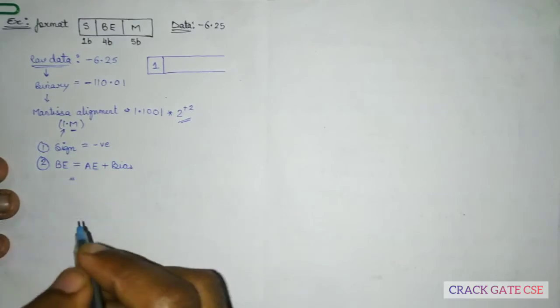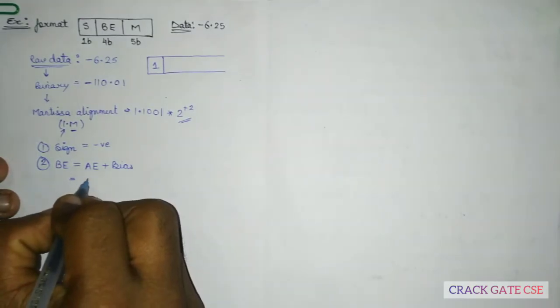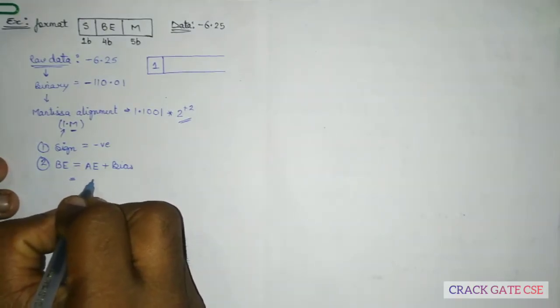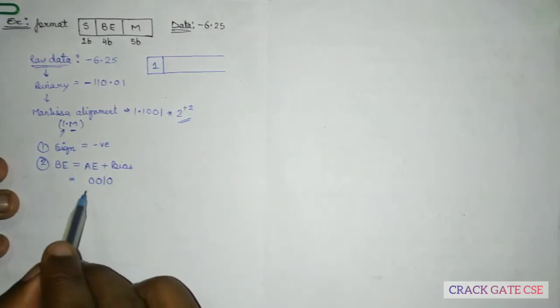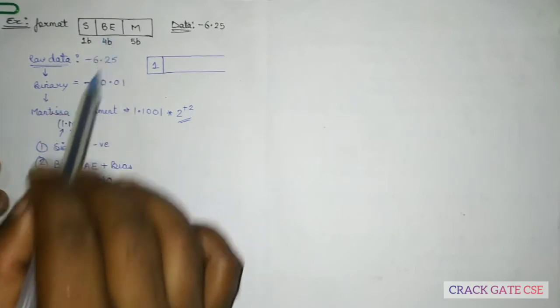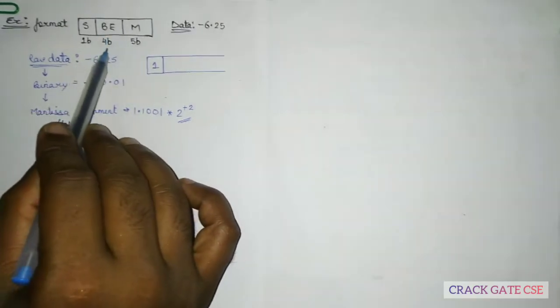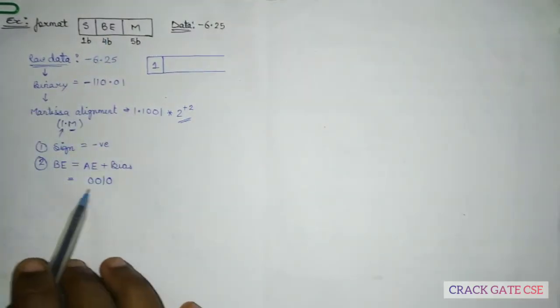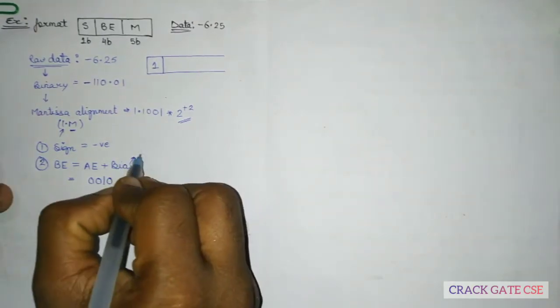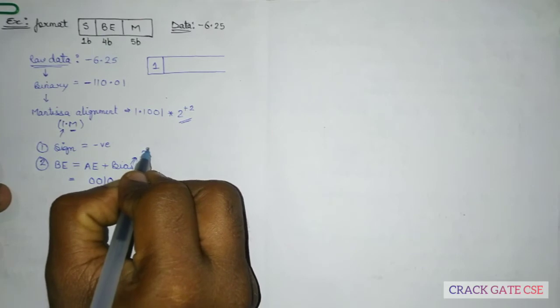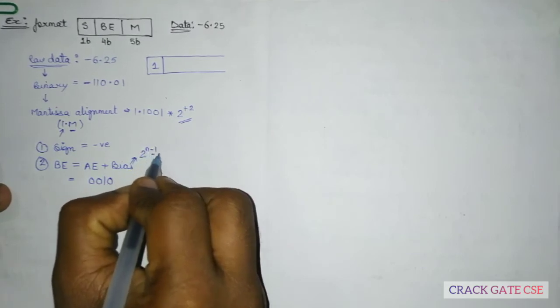Let me write down the actual exponent: 0 0 1 0. I'm writing it in a 4-bit data format because I want my biased exponent to be 4 bits. Now what is the bias value? There is a formula for finding the bias value, which is 2 to the power n minus 1, minus 1.